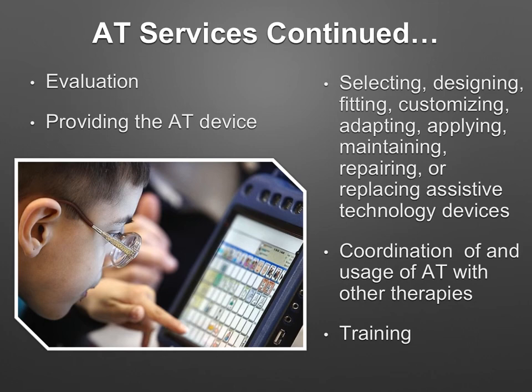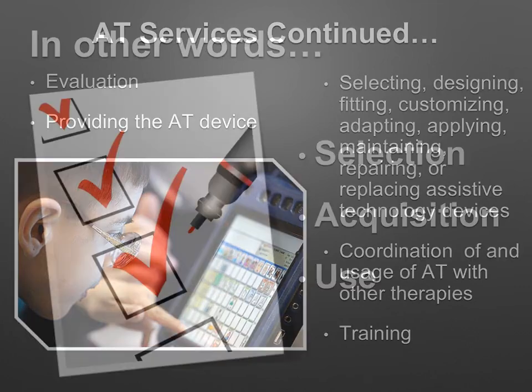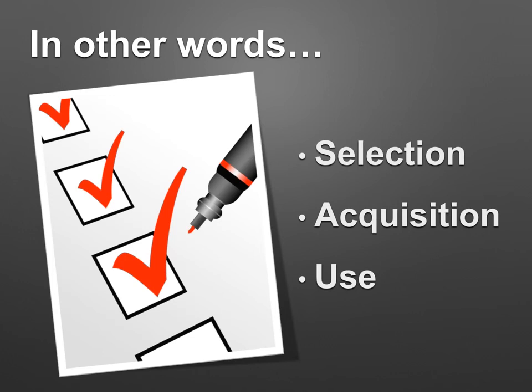This might mean providing training in the use of the device for the staff of a group home or staff at a student's job site. In other words, an assistive technology service is any service that assists a student in the selection, acquisition, and use of an assistive technology device.